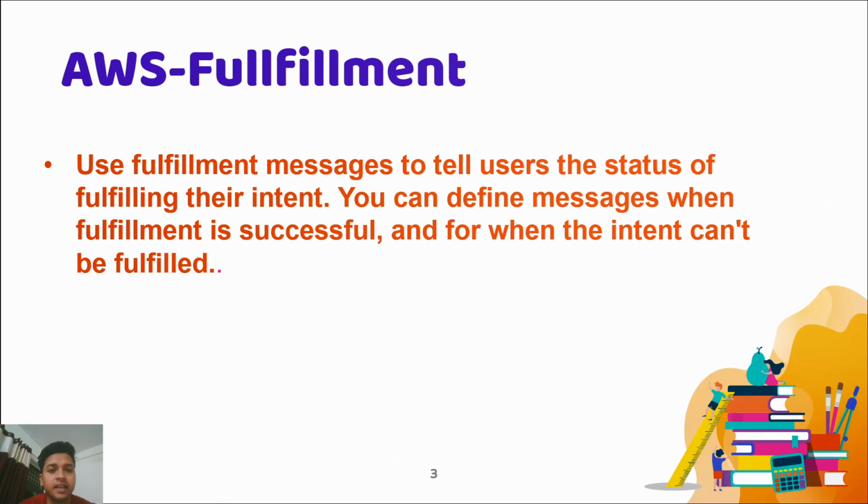The same thing is here: the objective, the payment, is done, and the intent is fulfilled. In the second line they are saying that when your intent is fulfilled, we again have two ways: fulfillment and not fulfillment, and on the basis of this we can easily give a response to the user. Don't worry, in this lab we will discuss it.